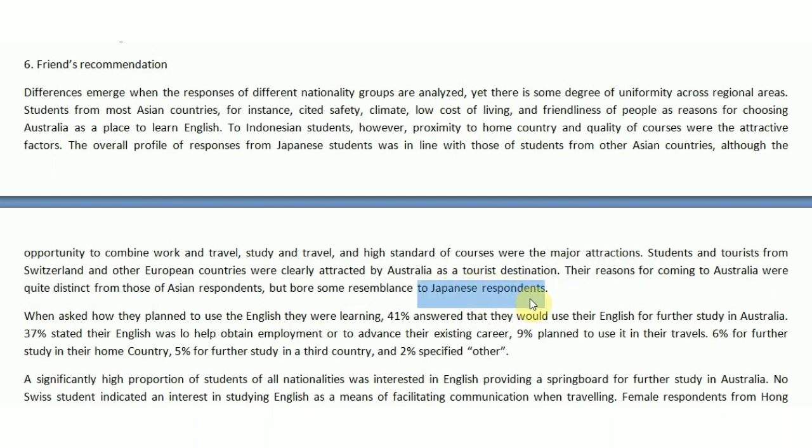So clearly this is an Asian nationality group. So it is our answer: Japanese respondents. Let's highlight this location too. It's from students and tourists to here. So this is the location of the second question, and clearly our answer is gonna be Japanese respondents.